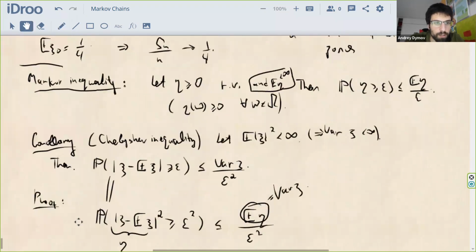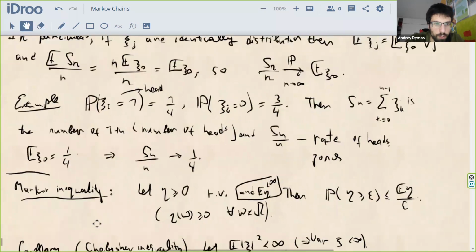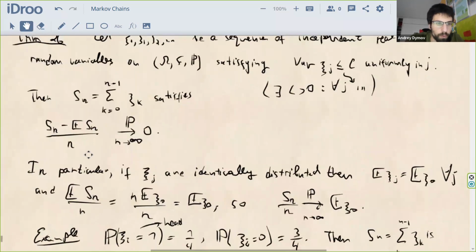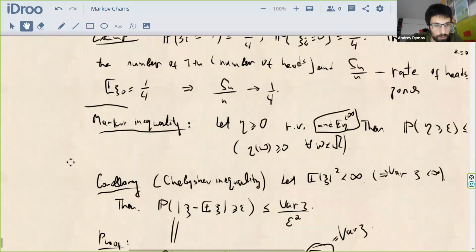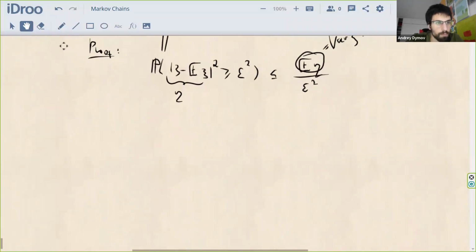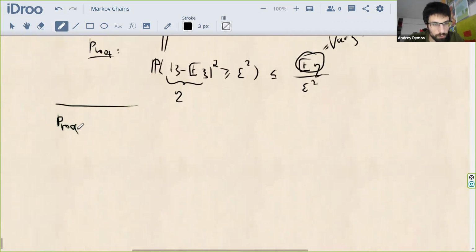Okay, now let us return to the law of large numbers. What do we wish to prove? We wish to prove that such an object converges in probability to 0. Very good. Let me try to prove it. Proof of the law of large numbers.